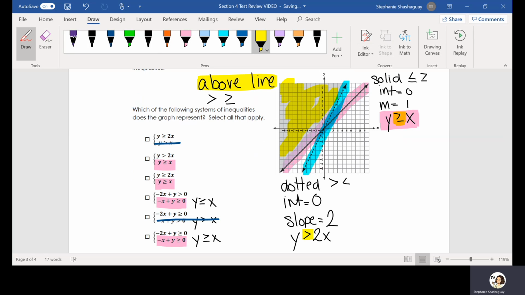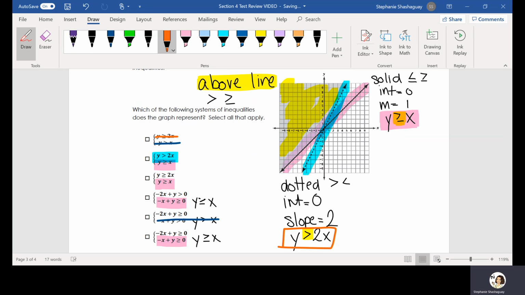So I need to look for y is greater than 2x. Well, y is greater than or equal to 2x. That does not work because it has the equal sign, and we're not supposed to have the equal sign in the equation because it's a dotted line. Y is greater than 2x. Well, that's correct.